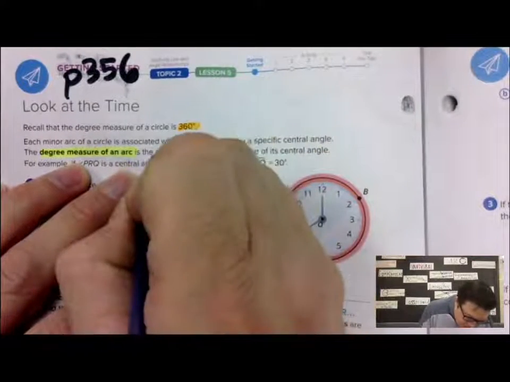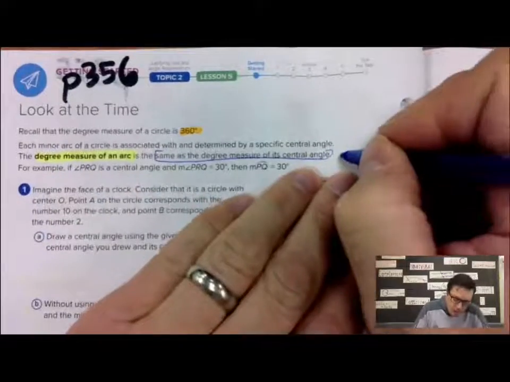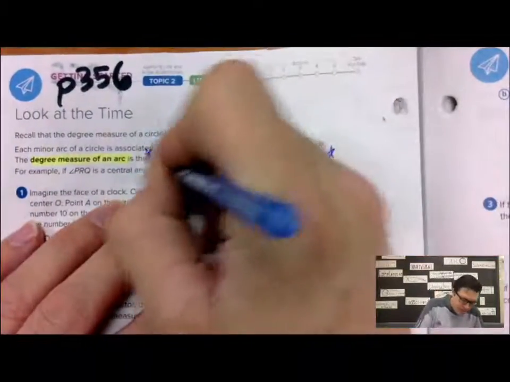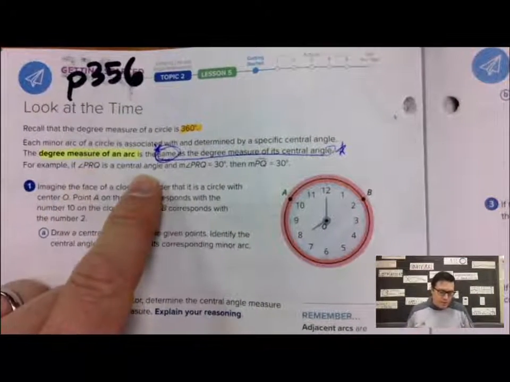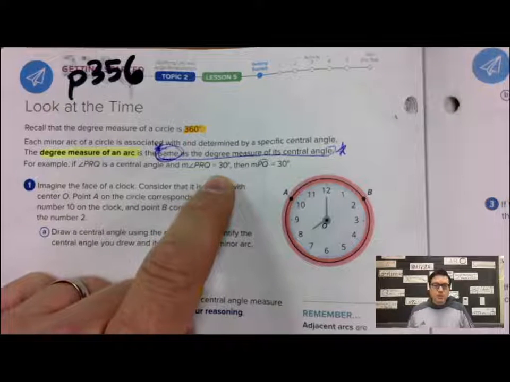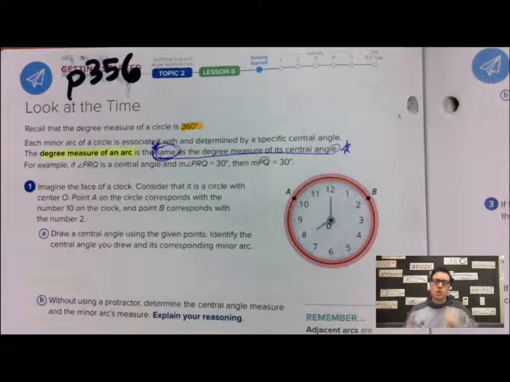The degree measure of an arc is the same as the degree measure of its central angle. This is important and deserves a star. The same is the key word. For example, if PRQ is the central angle and its degree measurement is 30 degrees, well, the arc that goes from P to Q on the circle is also 30.